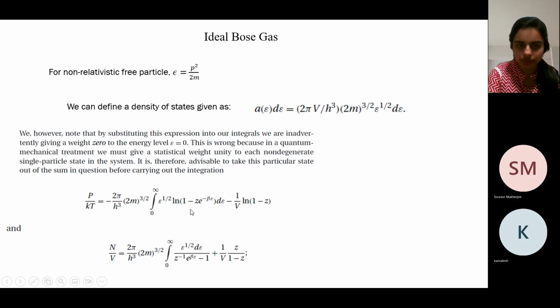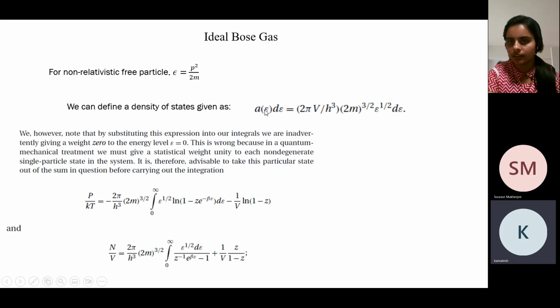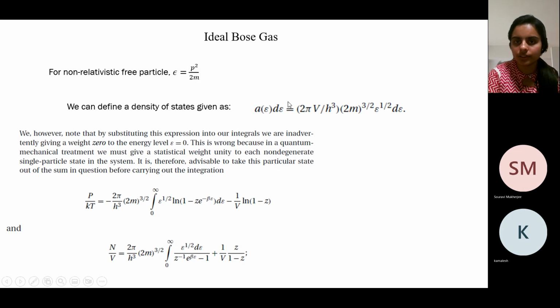Now here, this density of states tells you that when epsilon is equal to 0, your density of states goes to 0. That means according to this relation there are no particles in the zeroth state, but that is not actually true. For bosons you can have situations with a large number of particles in the zeroth state. So you have to explicitly consider the epsilon equal to 0 condition.